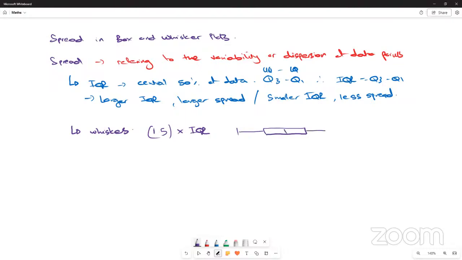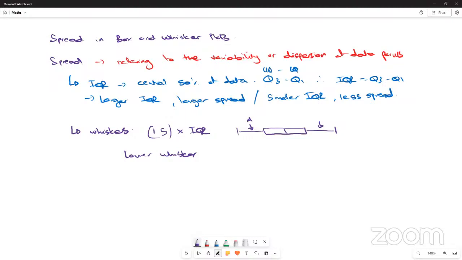So I've got my box and whisker plot over here. And we're saying that these whiskers can also help identify where this spread would reach. So my lower whisker will extend to the smallest value, which will be over here.